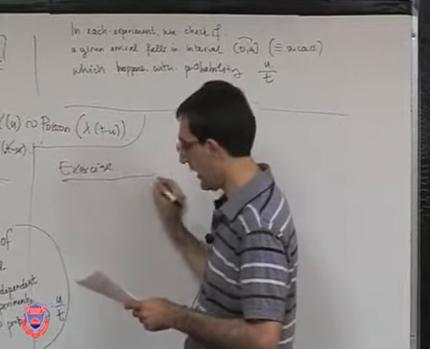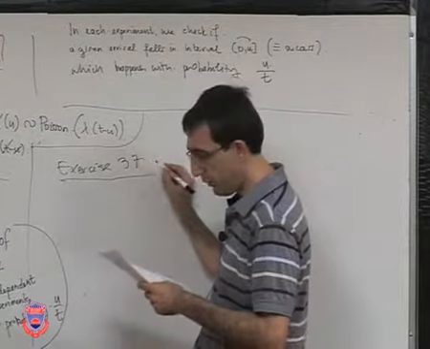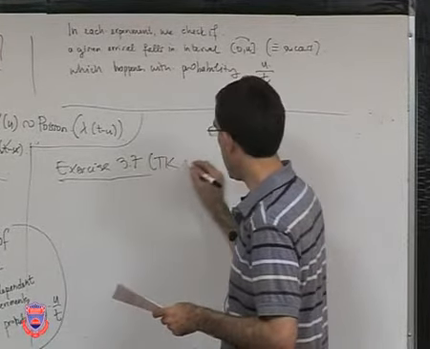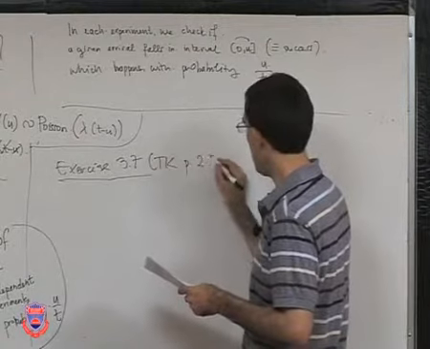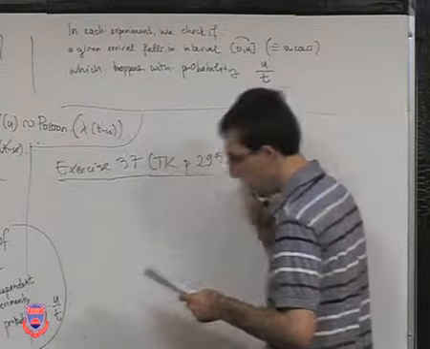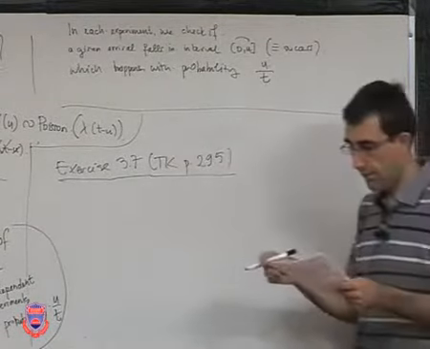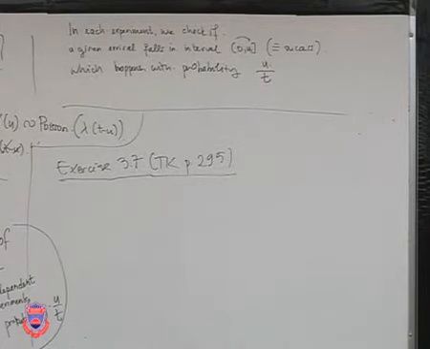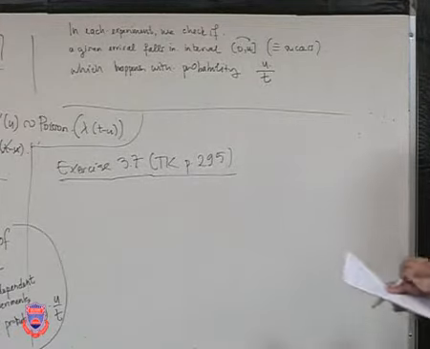So this is an exercise, exercise 3.7, I guess, coming from your textbook, on page 295. According to this question, customers arrive at the facility according to a Poisson process with rate lambda.